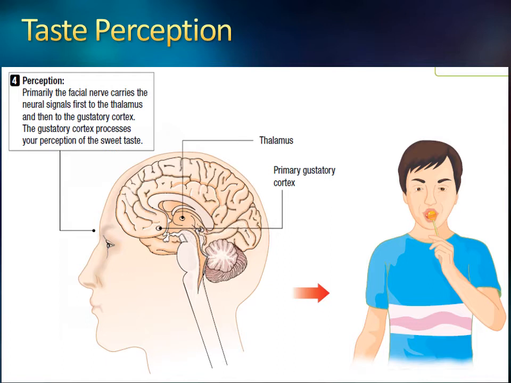Remember, sensation perception goes through the thalamus, and then to the gustatory cortex. And the gustatory cortex is in the frontal lobe. The visual cortex is in the occipital lobe back here. Back here, and it's in the frontal lobe here. Alright, so the gustatory cortex processes your perception of the sweet taste of the lollipop.